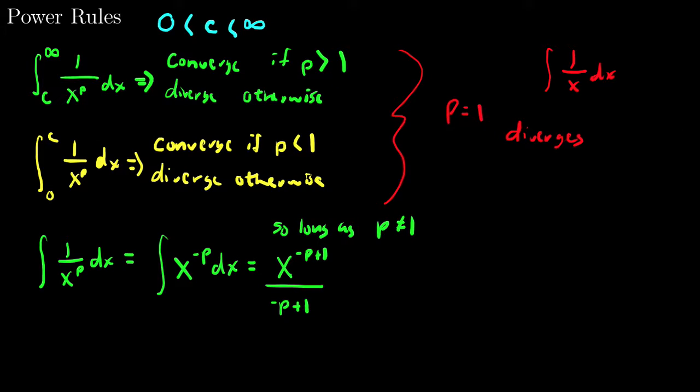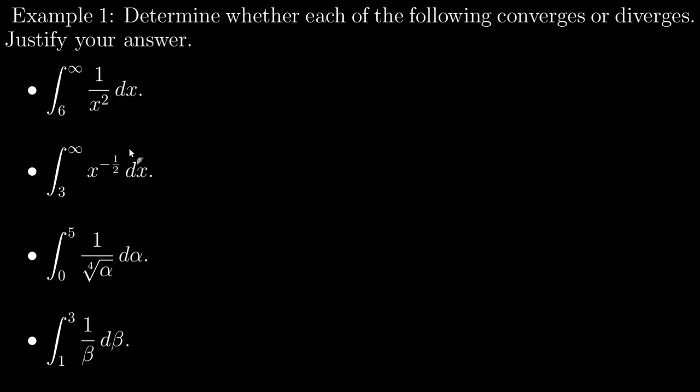Using it is really easy. So let's look at this example. First one, I'm going to infinity. I want a big power. p is equal to 2, so this converges because p equals 2. Now this one looks a little bit weird. It doesn't look the same.